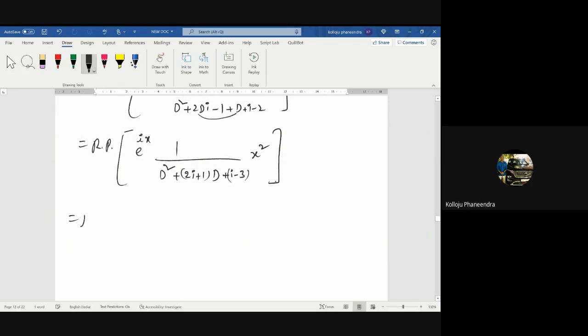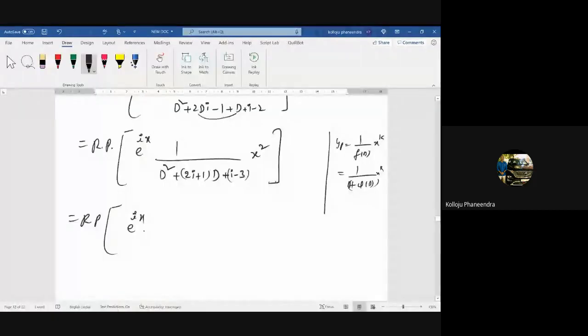Now, this is real part of e to the power of ix. What I told, what is the model? Yp equal to 1 by f of D into x power k model. So I have to write this as 1 plus phi of D model. To get 1 plus phi of D, I have to take the least degree term common.